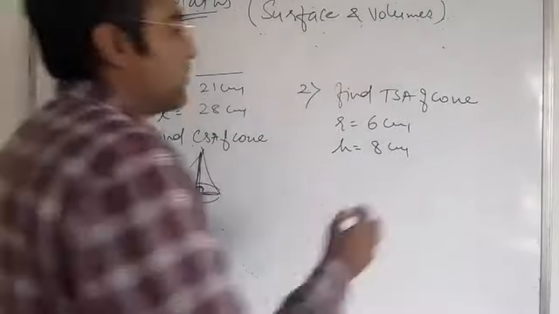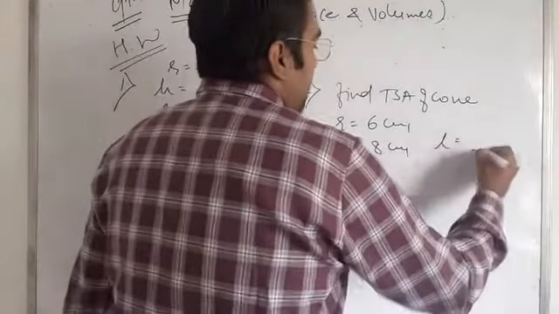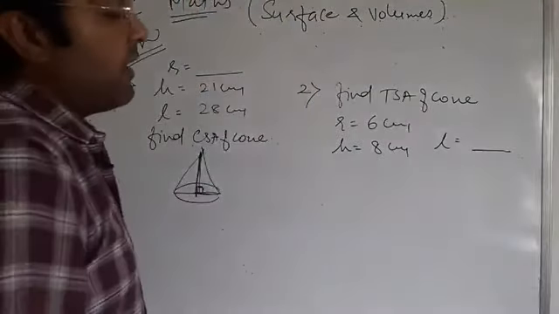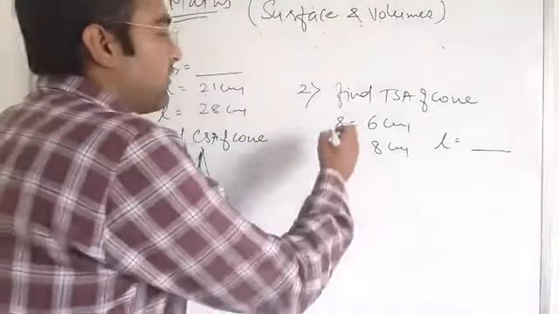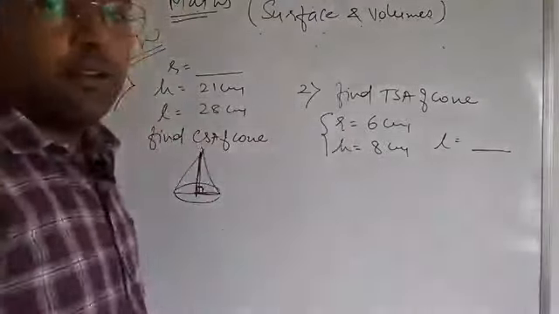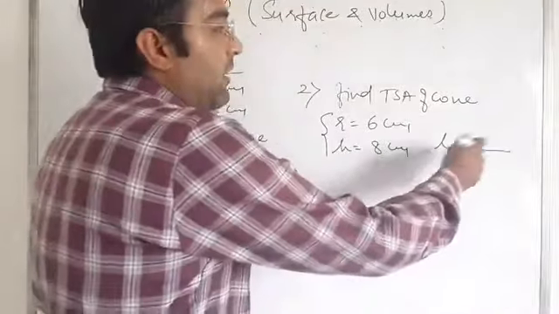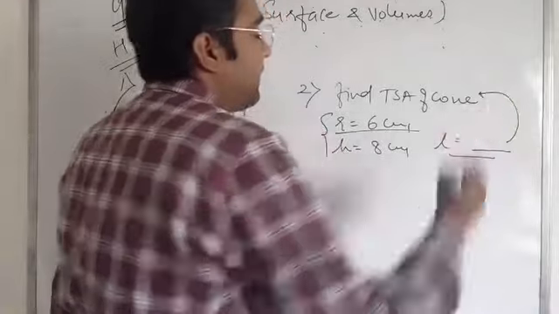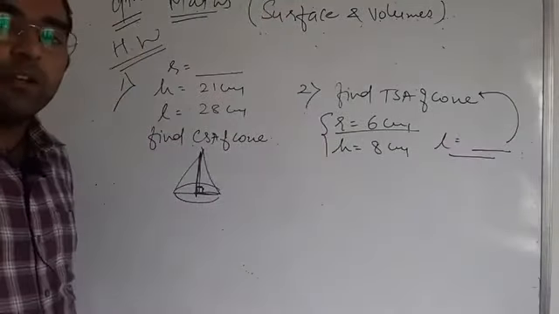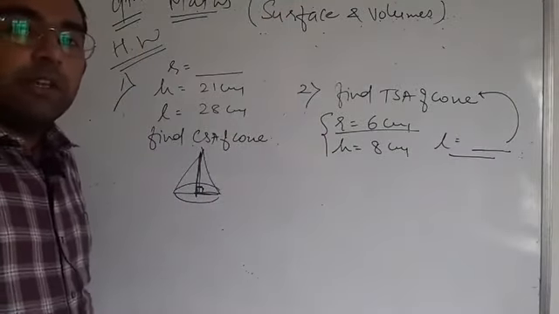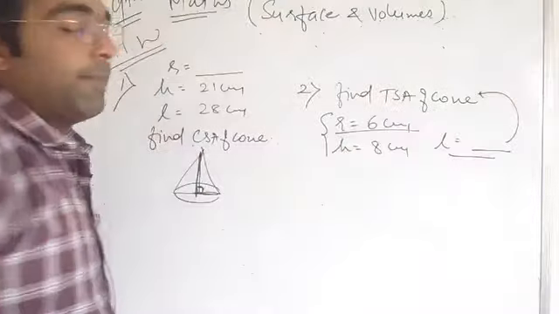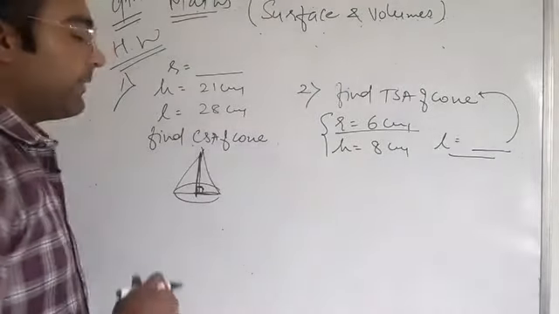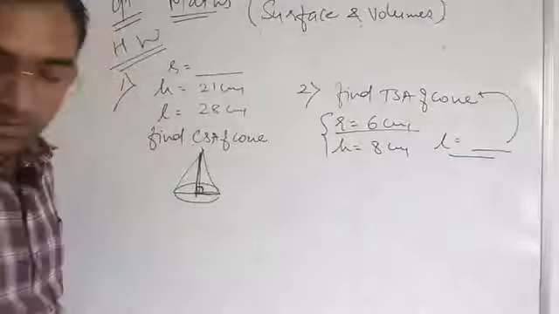So in that you need the value of l, the slant height. First find the slant height from the radius and vertical height, and after that put the radius and slant height into the formula of the total surface area. Then you can find it.